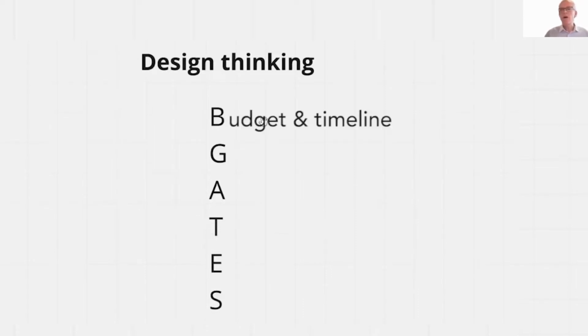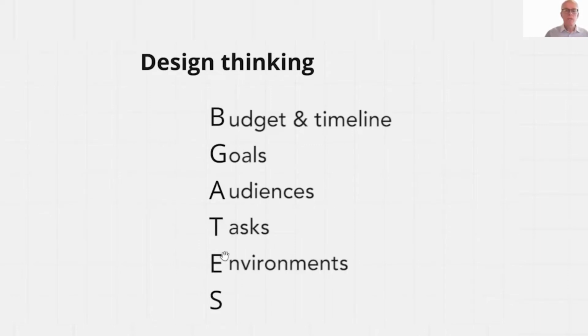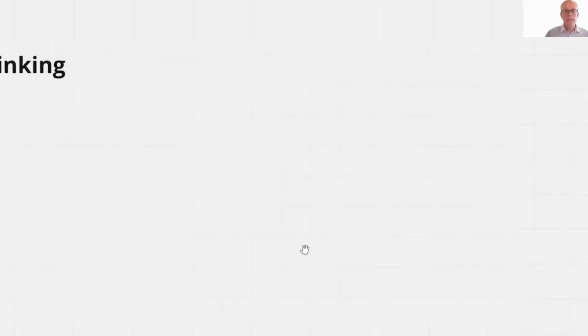And I've snuck in timeline there because unfortunately Bill Gates was not considerate enough to have a middle name starting with T, but we work with the material we have. So B for budget and timeline, G for goals, A for audiences, T for tasks, E for environments, and S for systems. Let me show you about that.